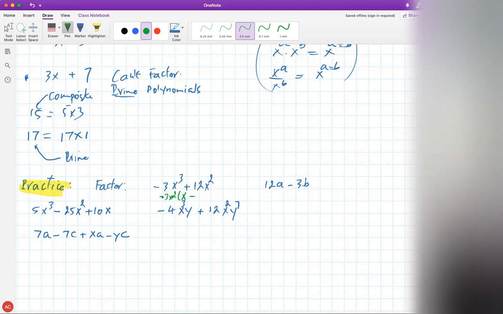You can also use a positive, as long as when you distribute, you get this and this. If you use a negative here, this has to be a negative. If you use positive here, then you would have to use a negative here and a positive in this one. Either way, when you distribute, we should get the same.